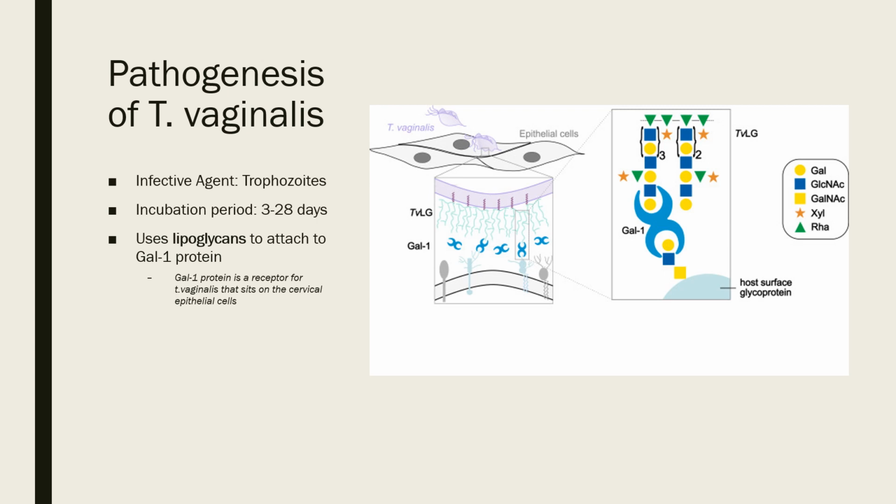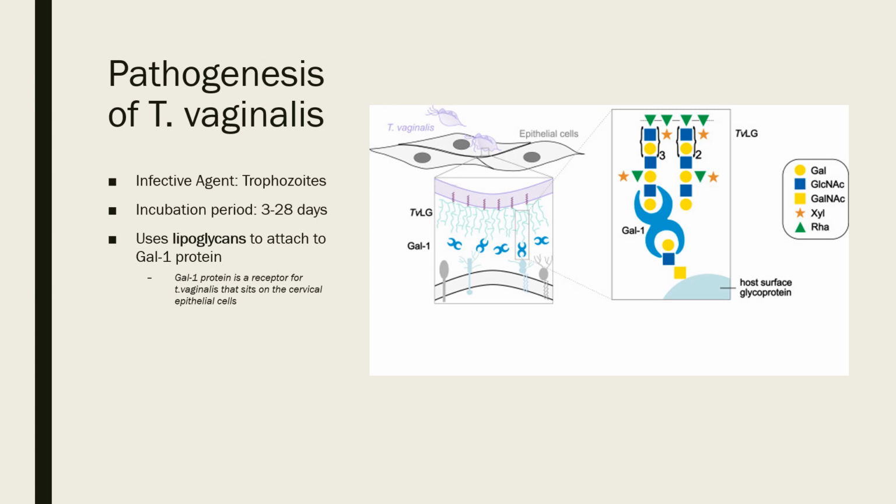So this is the receptor protein. And so then in the picture here, the Trichomoniasis attachment to the epithelial cells is due to the binding of the parasite of the lipoglycan by GAL1.